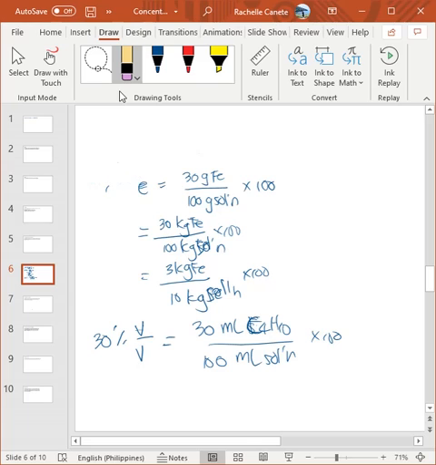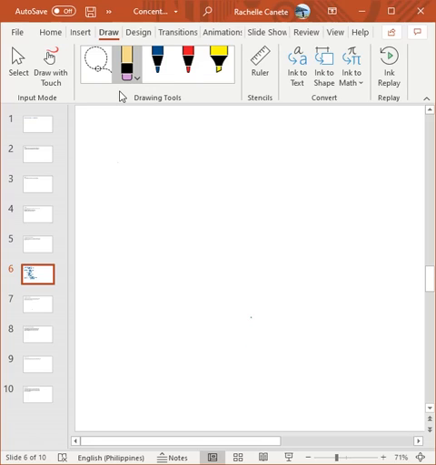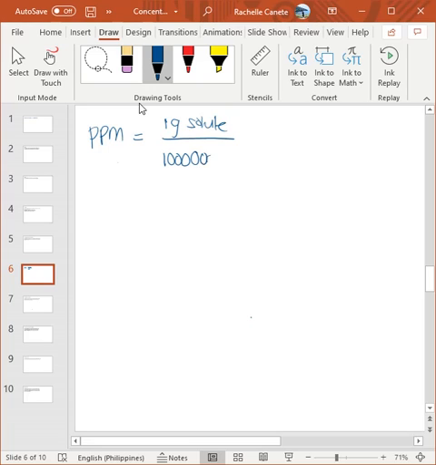So, in the case of PPM and PPB, for PPM, it's basically just 1 gram of a substance or the solute for every 1 million grams of the solution.